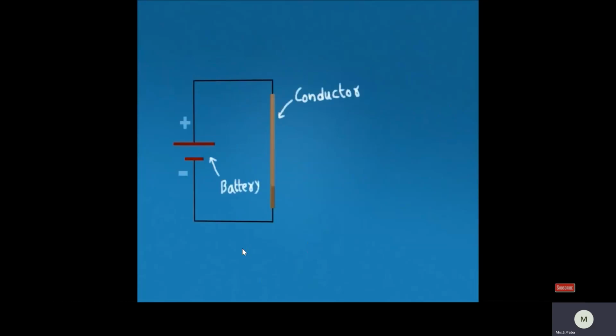Working of a transformer can be understood by taking a simple example of a small piece of wire carrying current when it is connected to a battery.